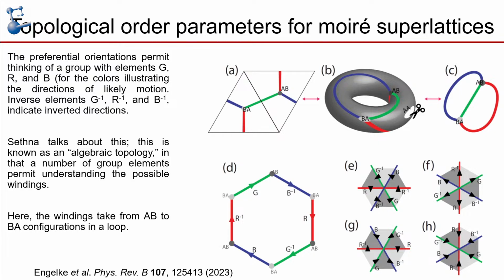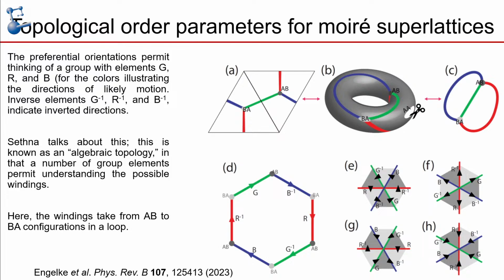Anyway, the point is that this paper gets very deep into what now becomes an algebraic topology, because basically there are only 3 options. And you can build a group out of these 3 displacements, and this is how you avoid the AA site, which is here in the middle, and you have to avoid it.